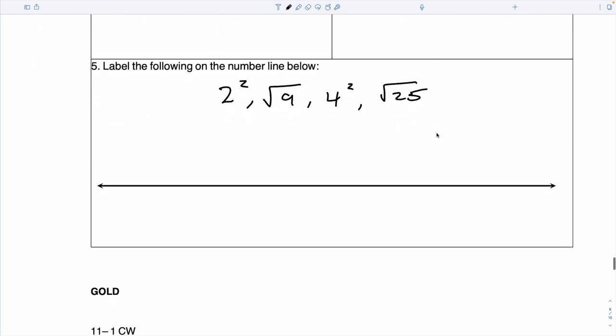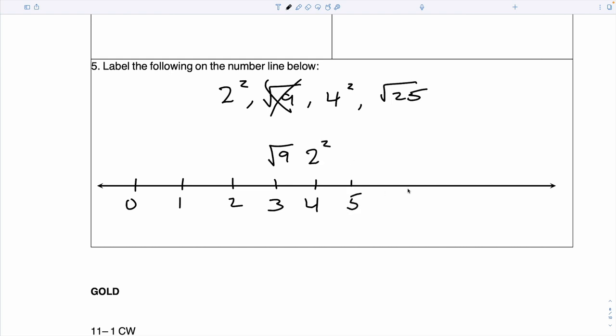Label the following on a number line. Let's start at 0 and go up. What is the smallest number that they give us here? 3 would be the square root of 9, so I'm going to put that on the number line right here, above 3. What's the next smallest number? 2 to the second, which would go above 4. 2 squared is 4.